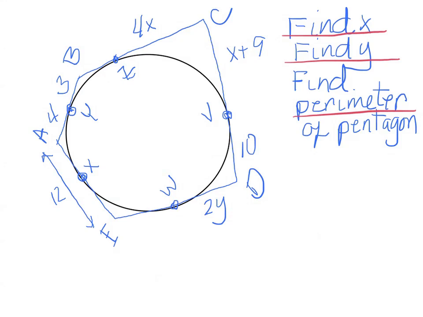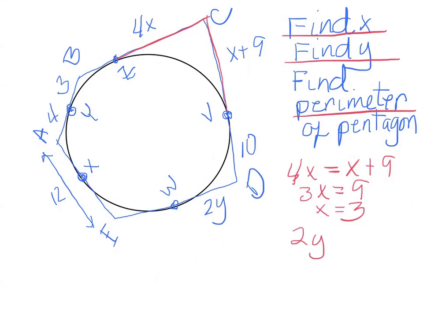So I know that from C, this line and this line have to be equal because they're from the same point. So I can say 4x equals x plus 9. And therefore 3x is equal to 9 and x is equal to 3. Using the same strategy, I can say 2y equals 10, and therefore y is equal to 5.